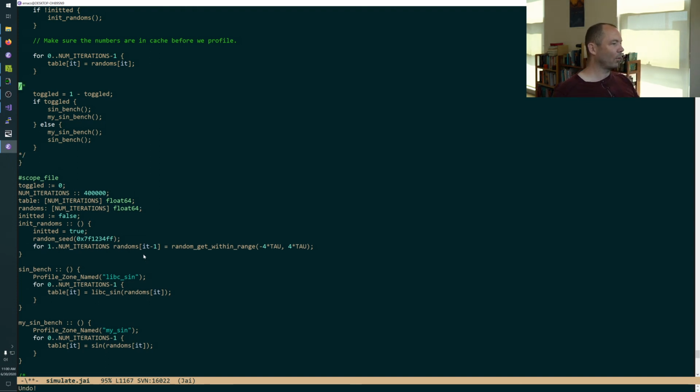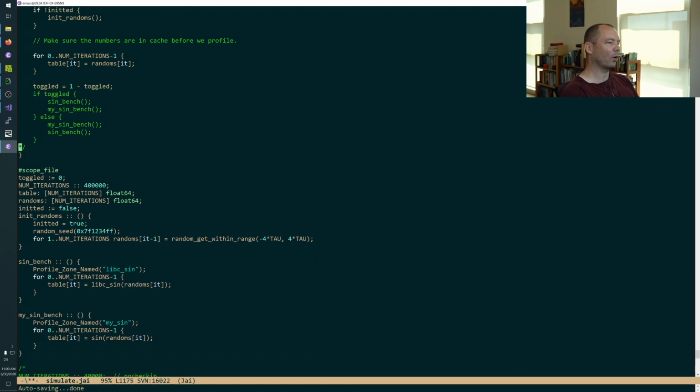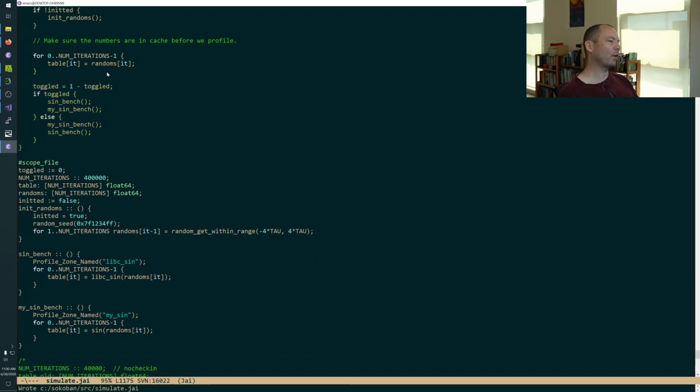Was I still calling my sine first? Oh, you know what? I was wrong, actually. I got confused because our sine is called sine and it's called libc sine elsewhere. I think we actually were second before. I was wrong when I said we were unfairly going first. Anyway, whatever. We're toggling it now. We're prefetching. We're toggling.